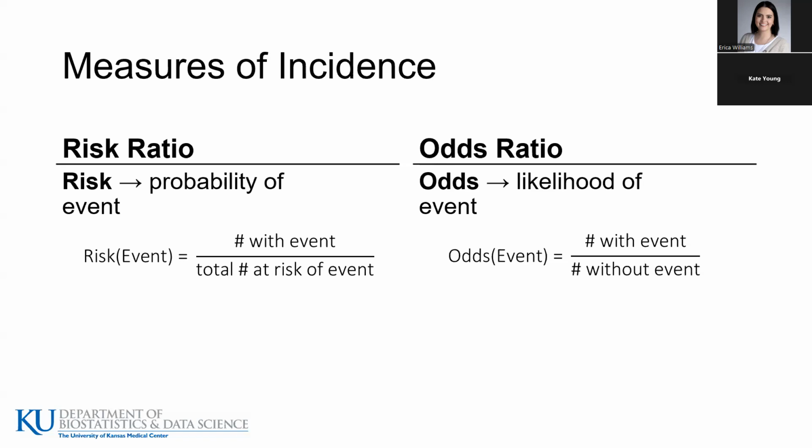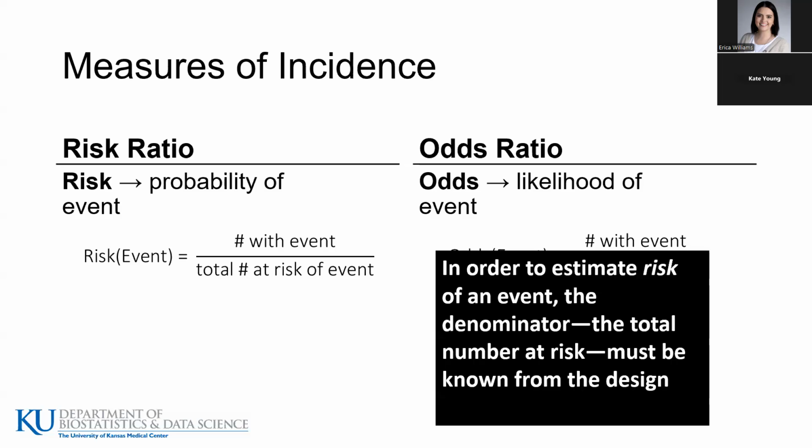When we do report risk, and when do we report odds ratios? That all has to do with the study design. In order to estimate the risk of an event, the denominator, or the total number at risk, must be known from the design.